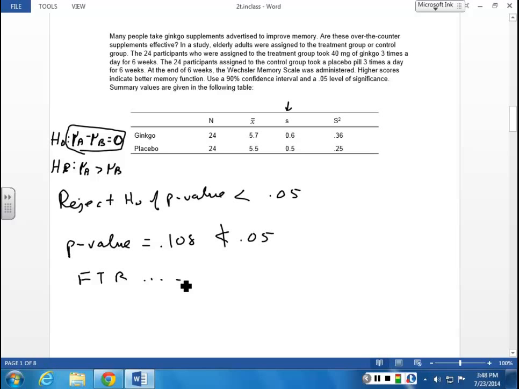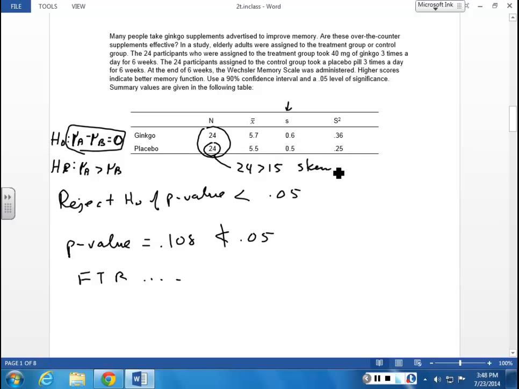While I'm here, let me also remark that we have the same rules for deciding whether or not we have a bell-shaped sampling distribution, but you have to look for the smallest n. Both of these are 24, so you just need to look at 24. So 24 is greater than 15.